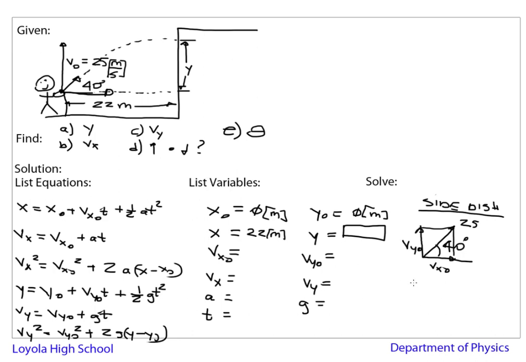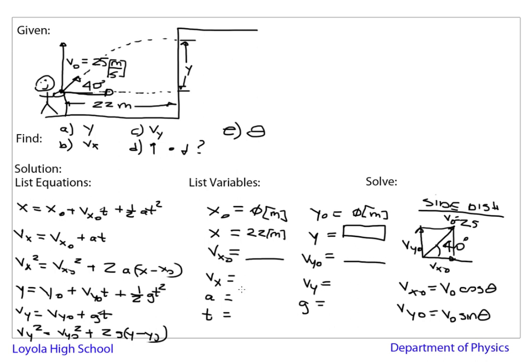So if I do a little trigonometry, I can see that Vx0 is equal to V0, which is the hypotenuse, times cosine theta, and Vy0 is equal to V0 sine theta. This is the sine component, or opposite, and this is the cosine component. So I can fill those numbers in. I'll let you do the math there.